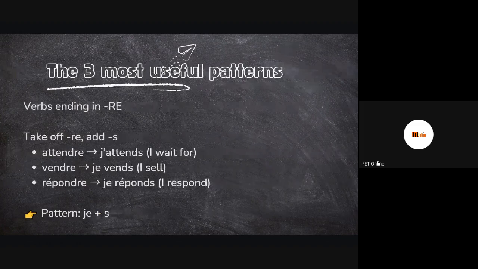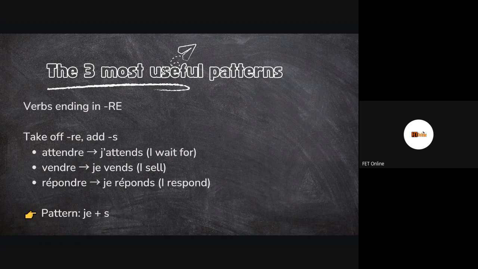The third group, we have the RE verbs. Now for RE verbs, what you do is take off the RE and add S. Attendre, the verb to wait for, becomes j'attends. Vendre becomes je vends.